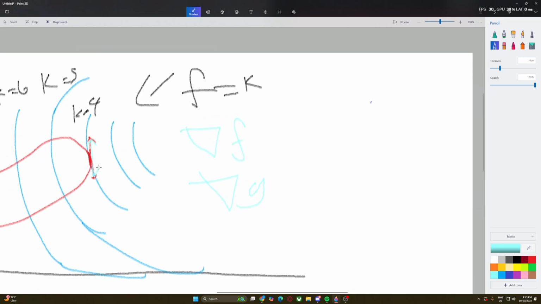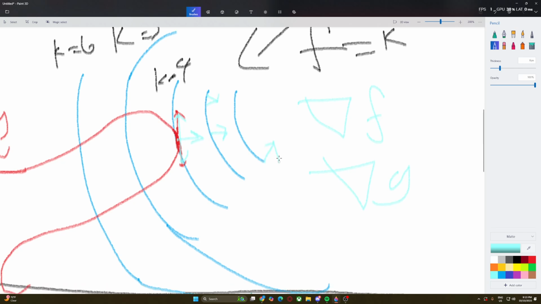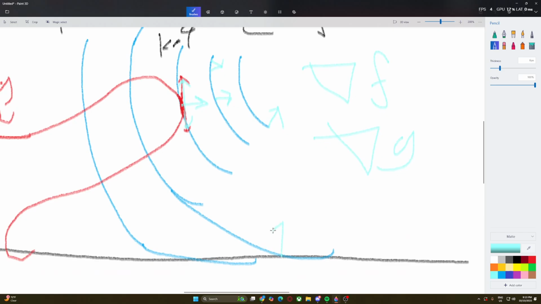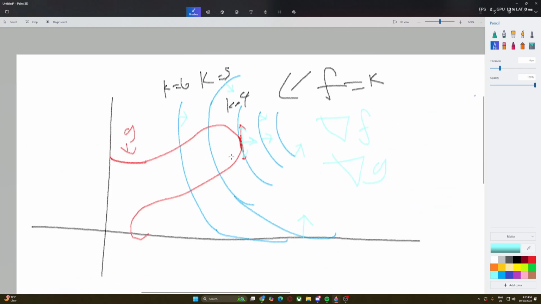So say your gradient line is this way for f of x, and it's going to point perpendicular to the tangent of it, like this. See how I'm trying to draw it as perpendicular as possible. So this is what f's gradient line would look like.